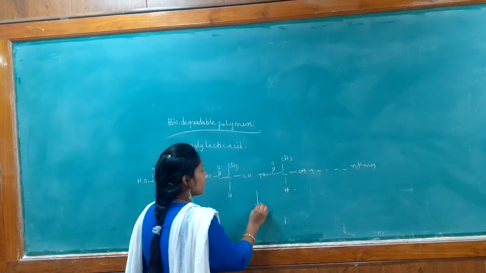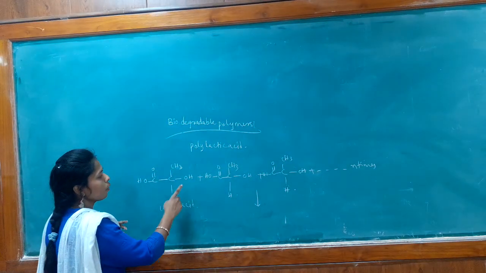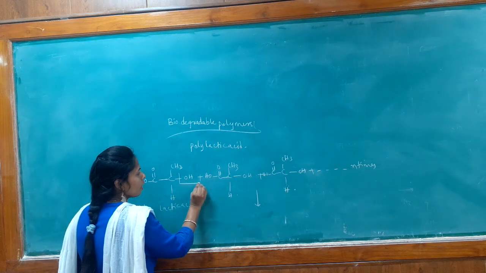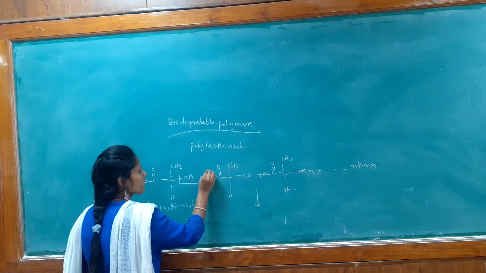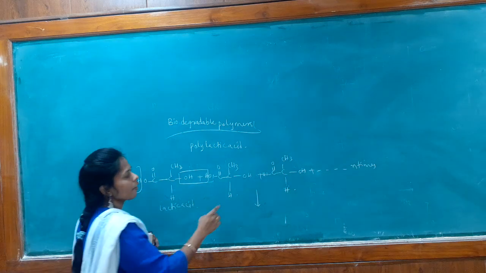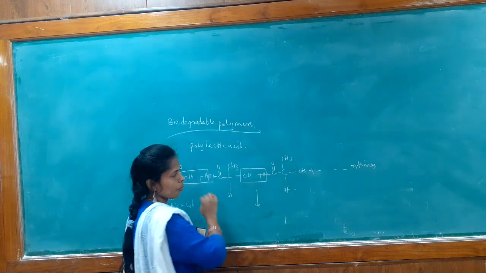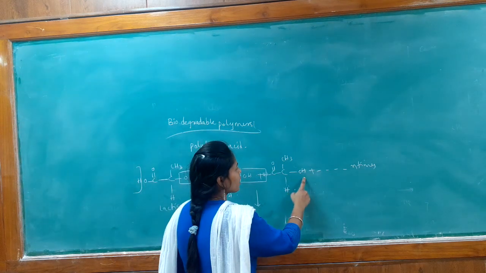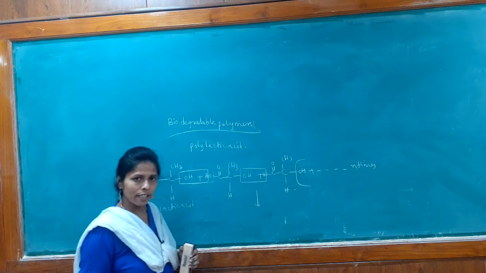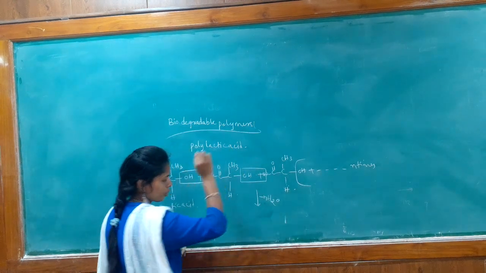We know what is meant by condensation: condensation is nothing but removal of water molecules. Hydrogen from the carboxylic acid and OH are eliminated in the form of water molecules. So there is a total elimination of n number of water molecules.